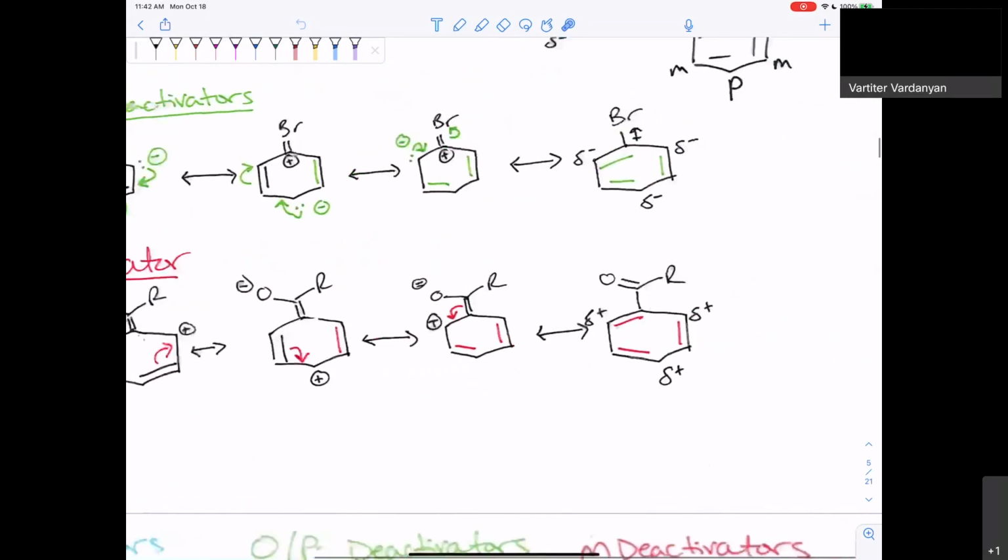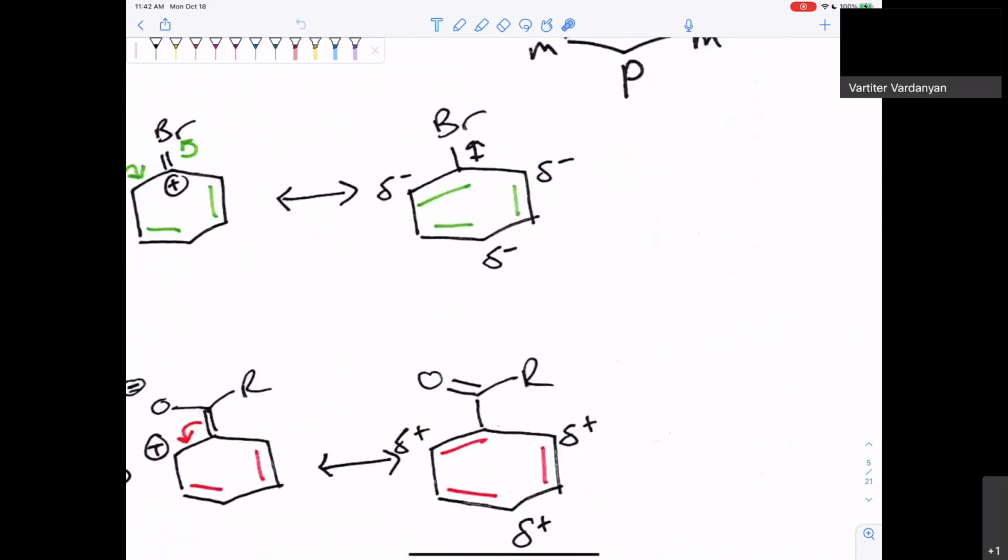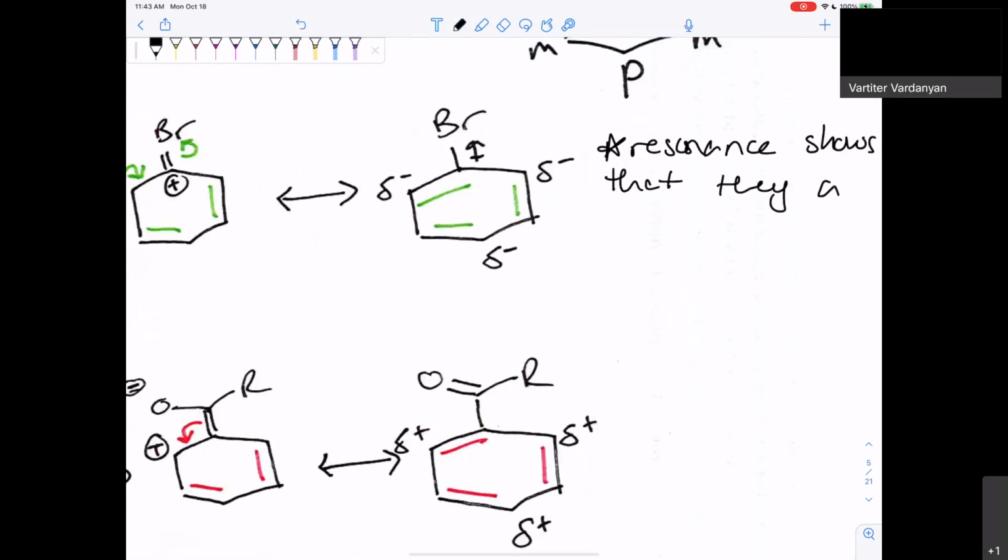So I want you guys to just take note that halogens, even though they are withdrawing groups and they take electron density out of the ring, resonance still shows us that they are ortho-para directors because they have a negative charge on the ortho and para position.